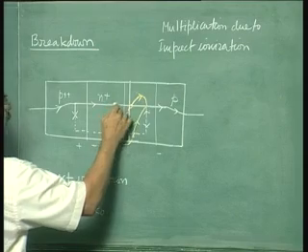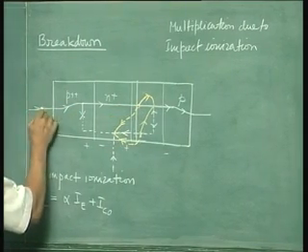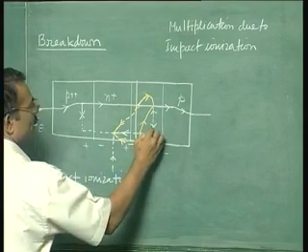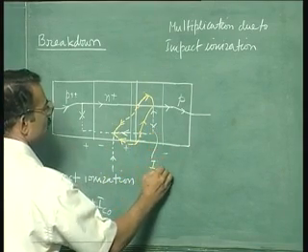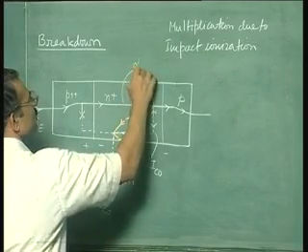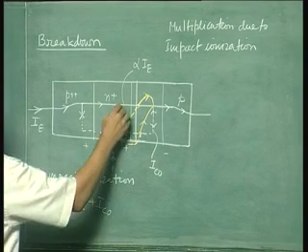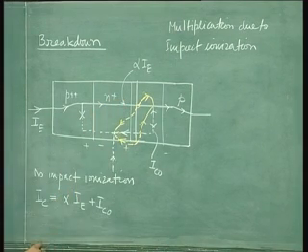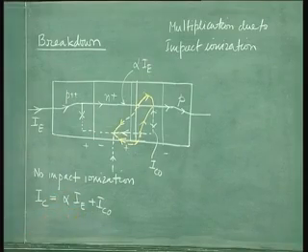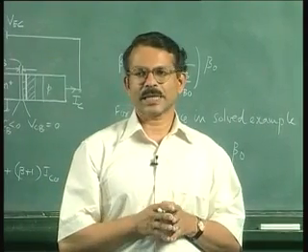Okay, this white line is alpha times IE. This is IE, and this quantity is IC naught, and this quantity is alpha times IE. So no impact ionization, IC is alpha IE plus IC naught. We know this equation because we have discussed this in the context of basic transistor action.